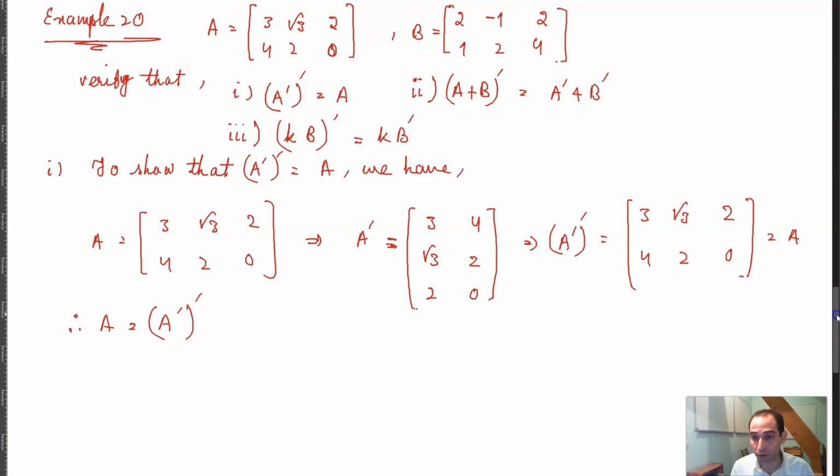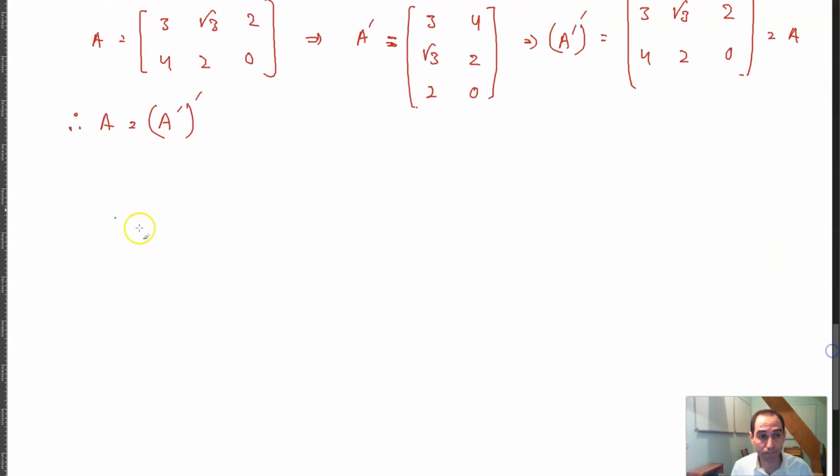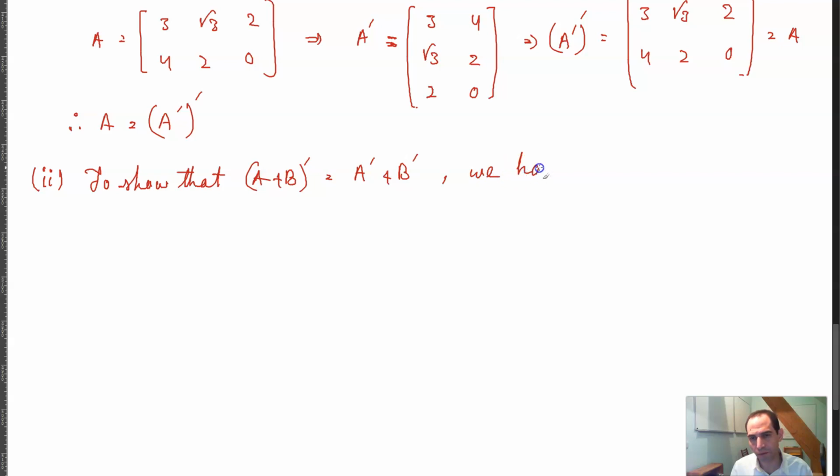Now, part 2 of this question, to show that A plus B whole transpose is equal to A transpose plus B transpose.